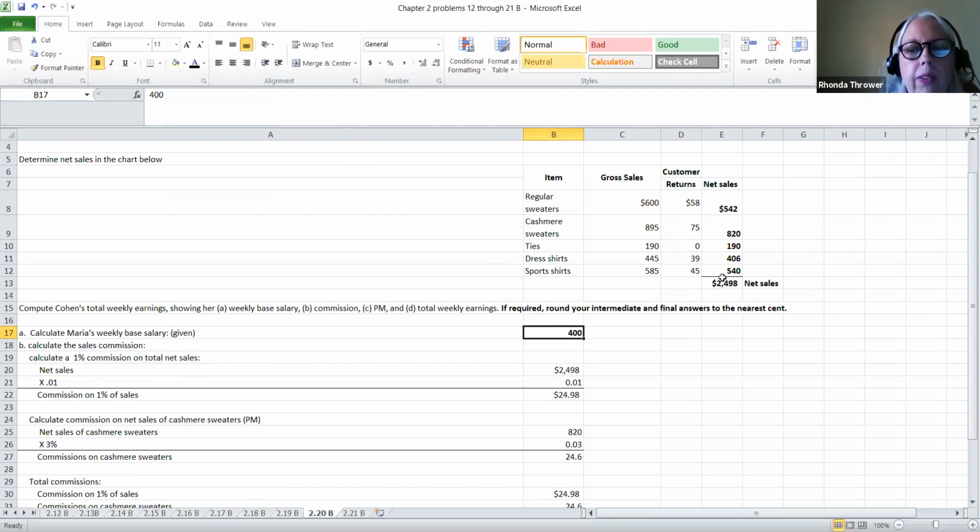The total of our net sales that we calculated was all of these added together, $2,498, which would be multiplied by 1% to get the commission of 1% on the net sales amount.